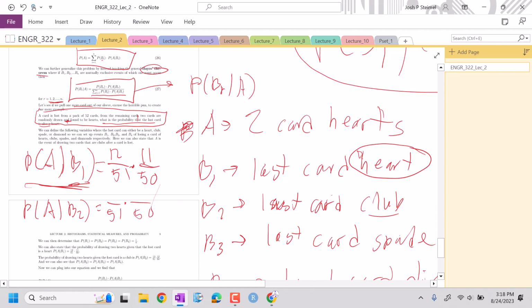But here the card is a club, so what's the probability that I'm going to pull a heart? Well, they're all still intact. And then the same thing here. And this should be equal to my probability for B3 and my probability for B4.